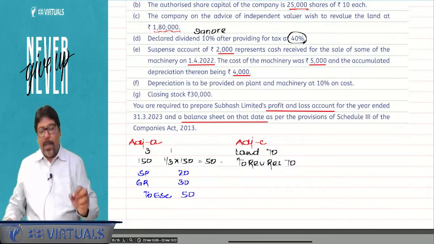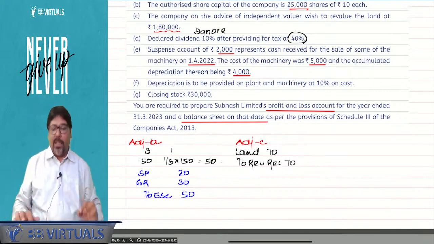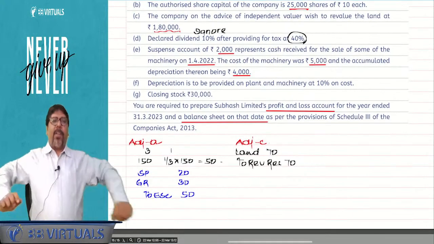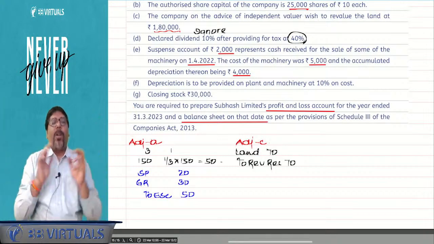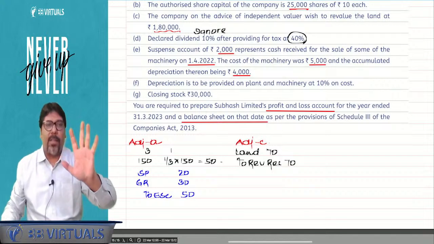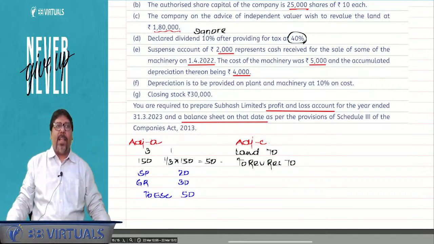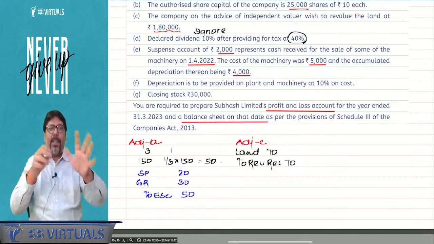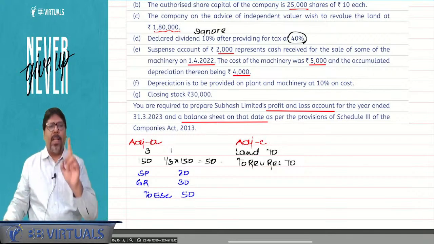So the suspense account represents cash received on sale of machinery. You sold the machinery for how much? Sir, 2,000. But what was the cost of the machinery? 5,000. Accumulated depreciation is 4,000. So you are left with how much?